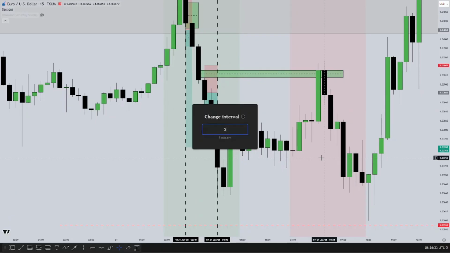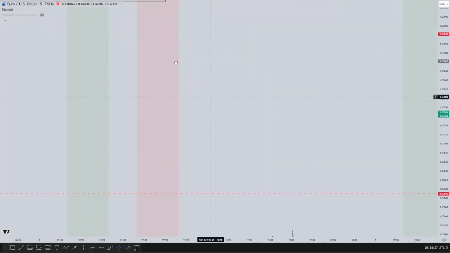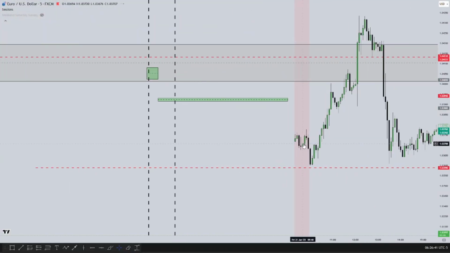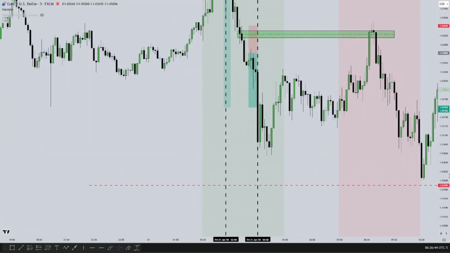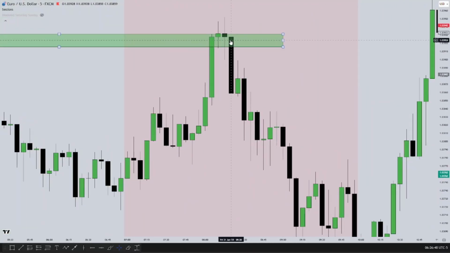Trade setup. Let's go to the 5 minutes. Here's the 8:20 retracement, at 8:30 price traded lower.